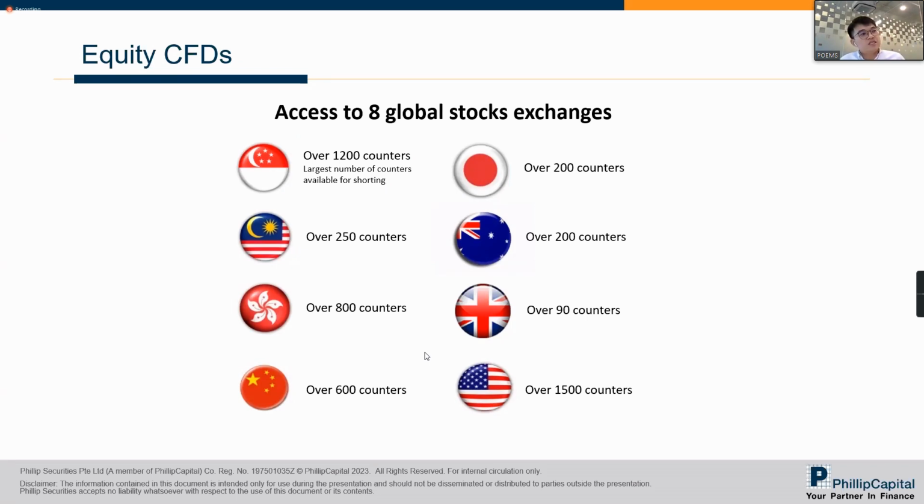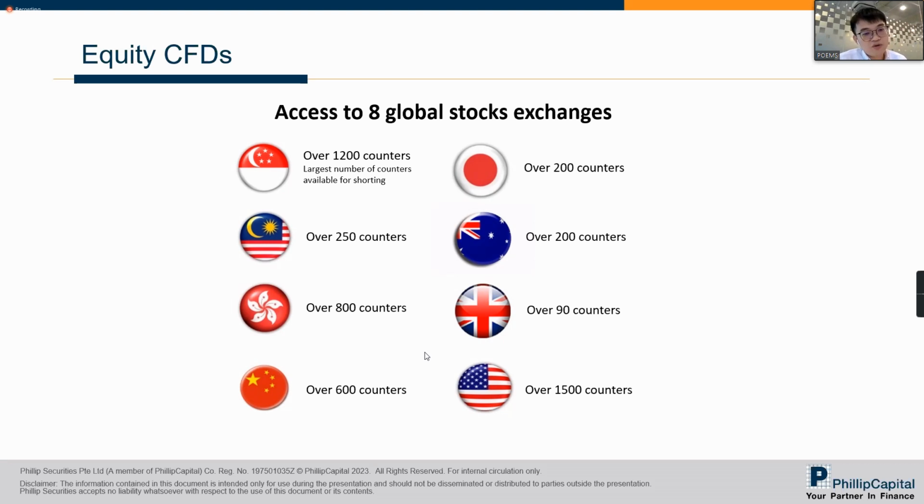Okay, for equities in CFD, you can access up to 8 global stock exchanges if you open a CFD account, because we do offer up to 8 global stock exchanges. For the Singapore market, we have over 1,200 counters, which is the largest number of counters available for shorting in Singapore right now. For Malaysia, we have over 250 counters.